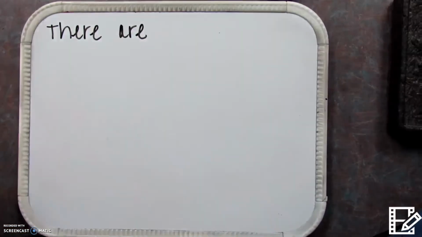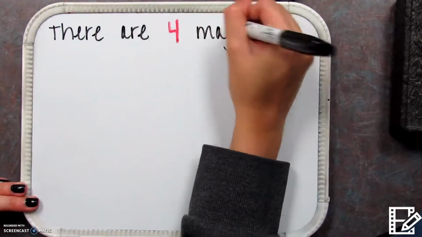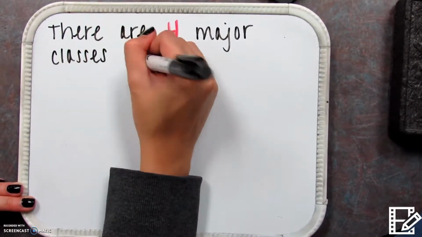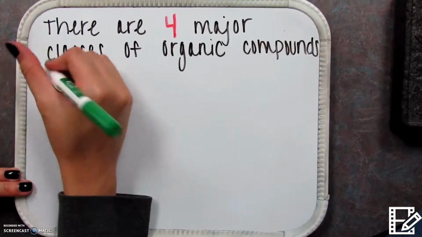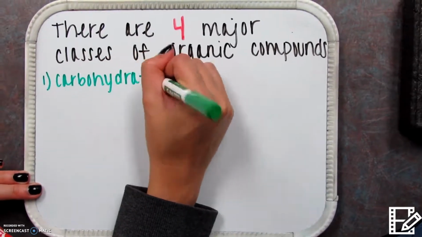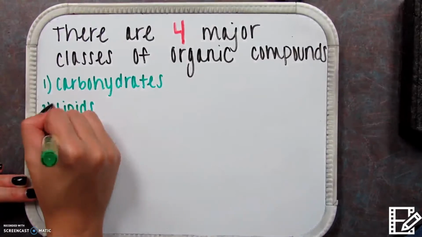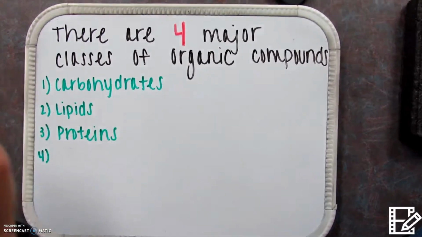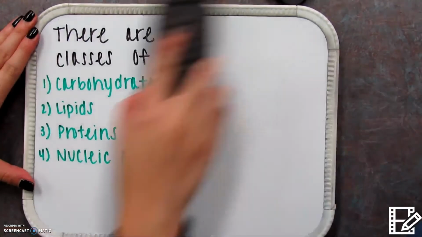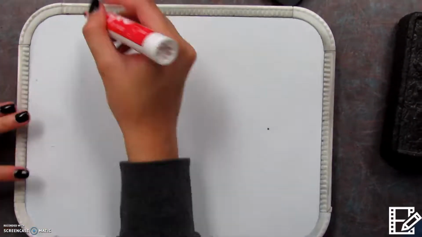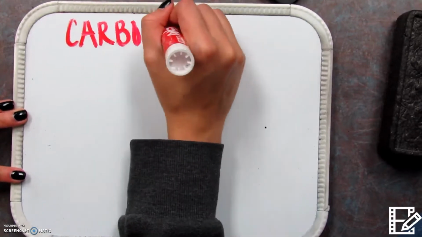The next part is the 4 major classes of organic compounds. The first part is carbohydrates.